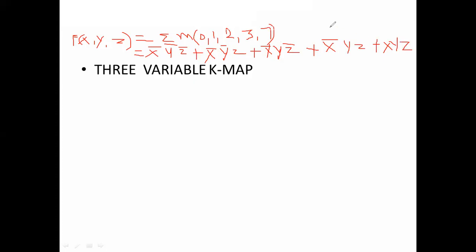The problem is given like this or like this in the expression form. Suppose if the problem is given in min terms, then that will be taken in the expression form like this. Now here 3 variables are there.